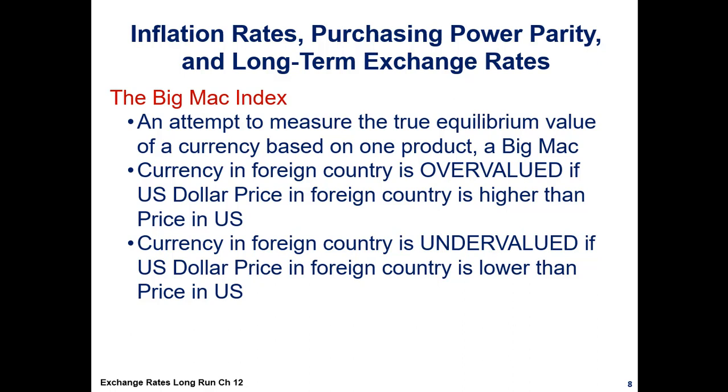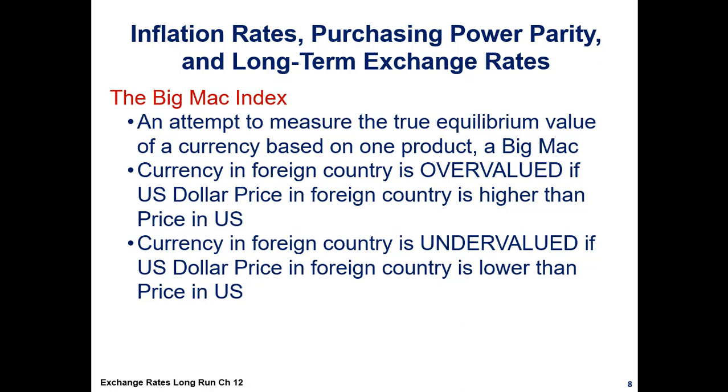And the alternative is that when you convert, say, the Chinese RMB price to a dollar price, it's lower than what the American price would be. Then we say their currency is undervalued.